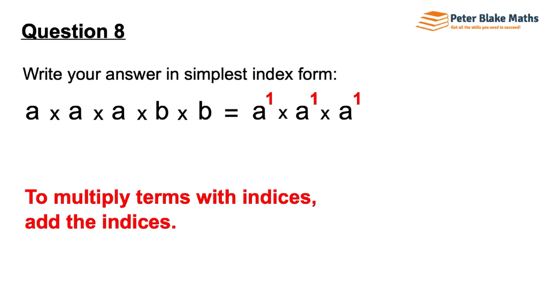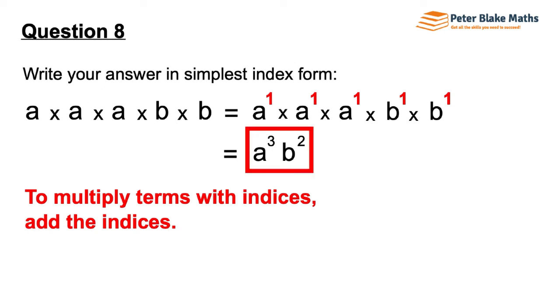Now if we add the indices there, we get a cubed, or a to the power of 3 for that section. And then for the b section, we can think of it as b to the 1 times b to the 1. If we added those two indices together, we would get b squared. So a to the 3, b squared for our final answer. The index there is really how many of the letters are multiplying with themselves.